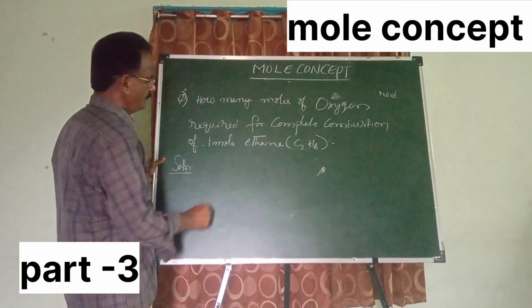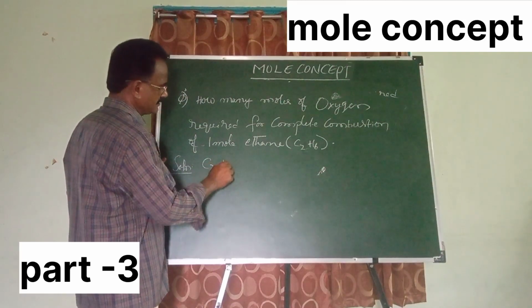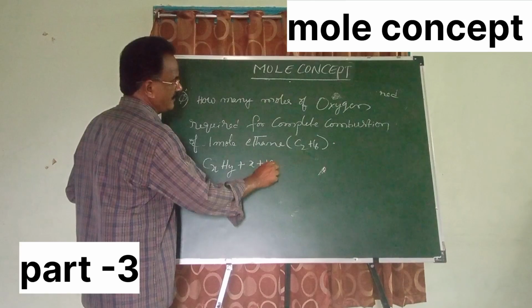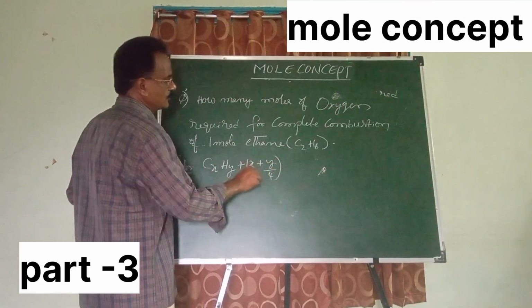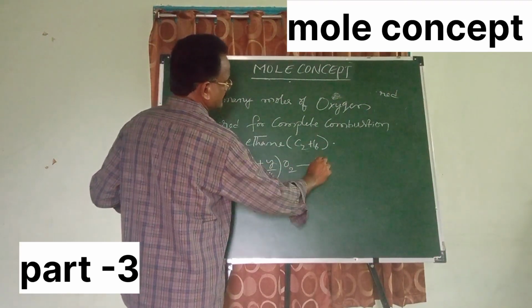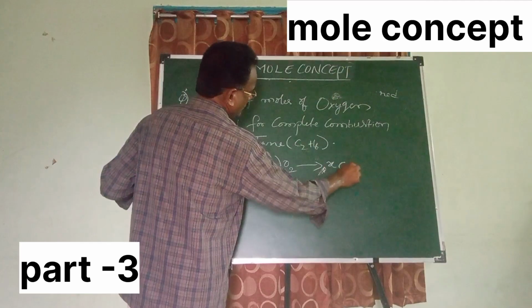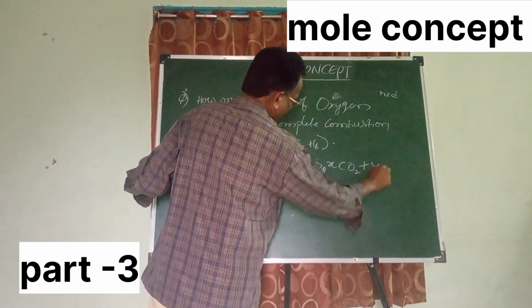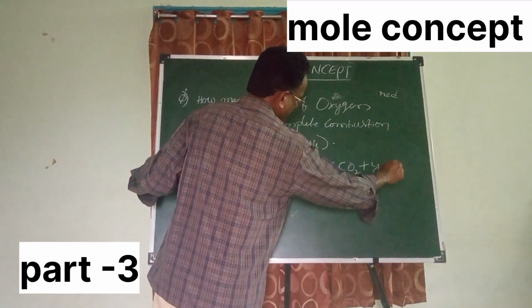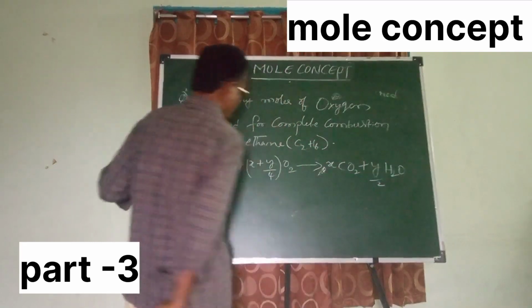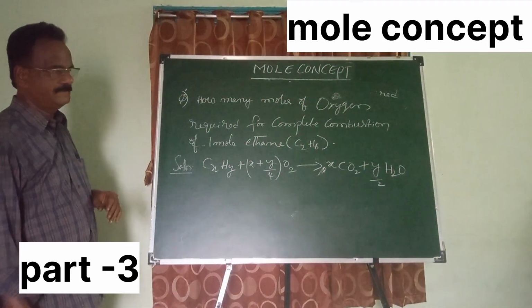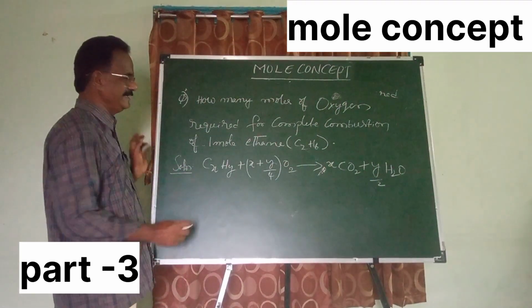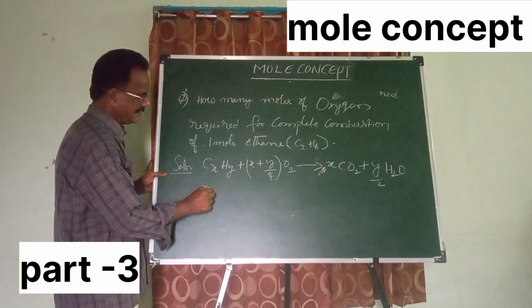We know the general equation: CxHy plus (x plus y by 4) O2 gives rise to xCO2 plus y by 2 H2O. Now let us check the values of x and y in ethane.